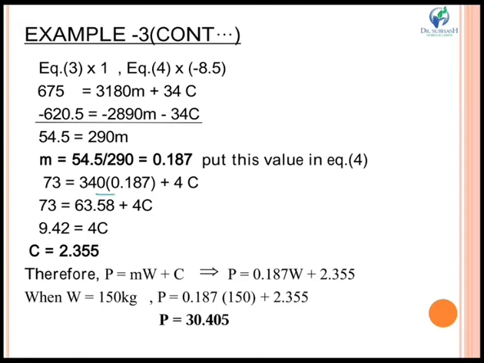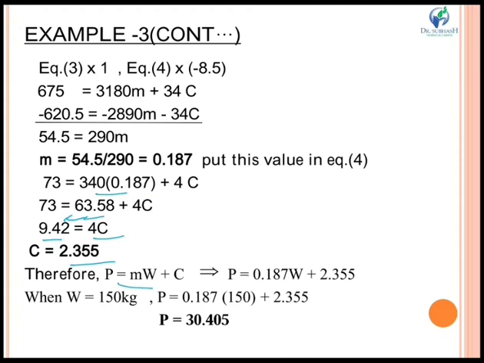I will multiply this and I will get 63.58, and when I move this to the other side, the sign will be changed, and I will subtract it from 73 and get my answer as 9.42 equal to 4c. So C will be equal to 9.42 divided by 4, which is equal to 2.355.